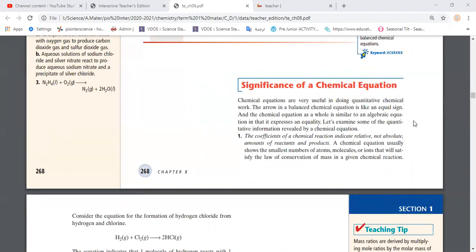It represents the reactants, the products, and the conditions in which the reaction could happen, like for example heat, pressure, certain temperature, and so on. And also it represents the state of matter, whether it is liquid, solid, gas, or aqueous solution, and so on.